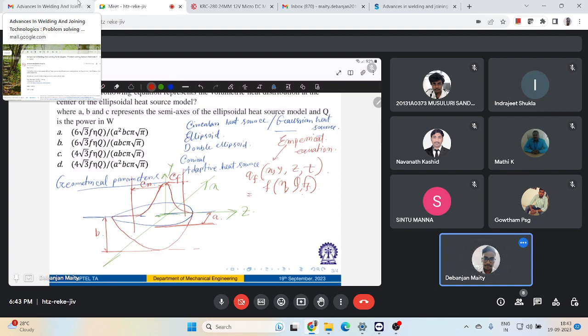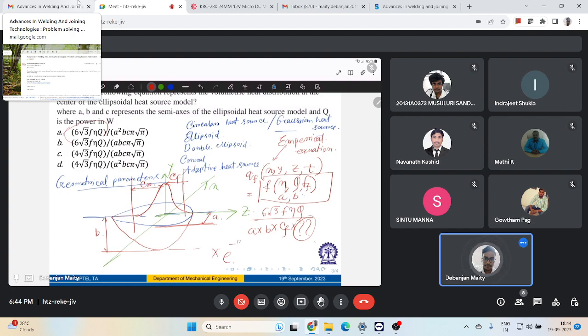Now, this is a function of A and B also. So there will be a term like 6 root 3 f eta into Q by A into B into CF into, there was some term I forgot, in terms of pi, and then that into the exponential of, this is an elliptical thing, right?